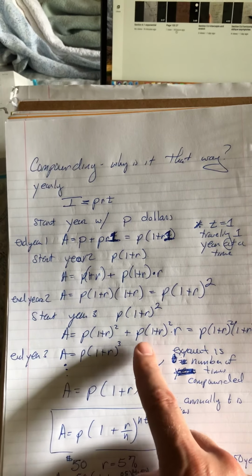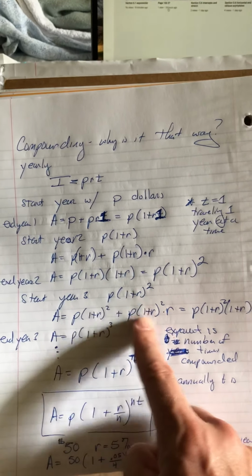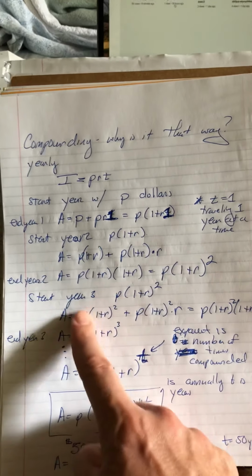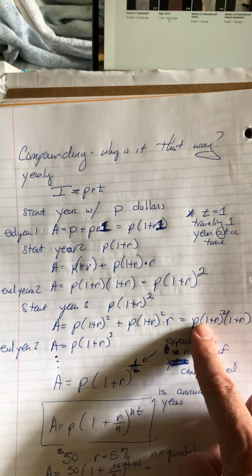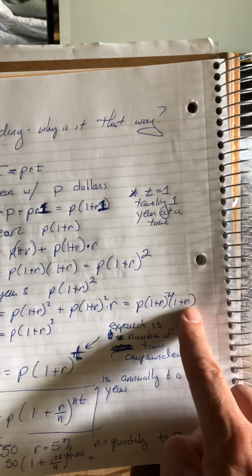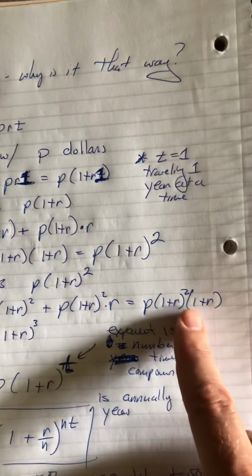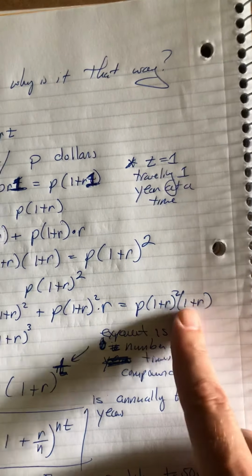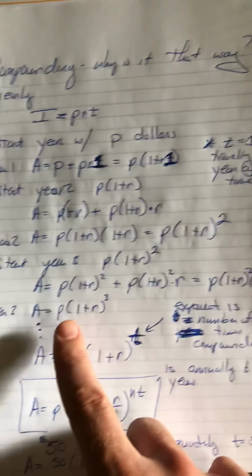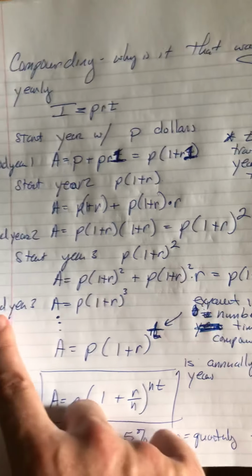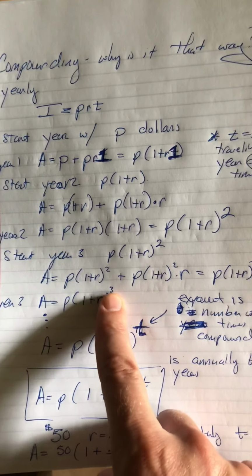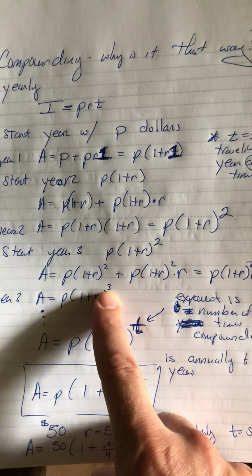Okay, so again, this part of this term and this part of the term are in common. So we're going to factor it out in front, and we're going to be left with a 1 plus R. Okay, so this 1 plus R is the same as this 1 plus R, so we now have P times 1 plus R to the third. So at the end of year 3, we have the 1 plus R to the third power.